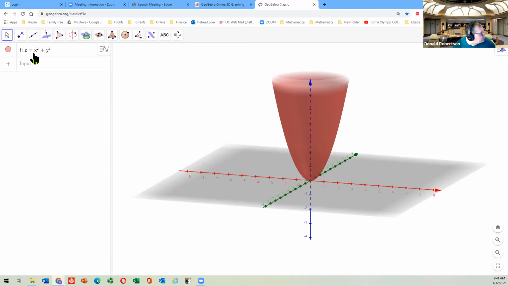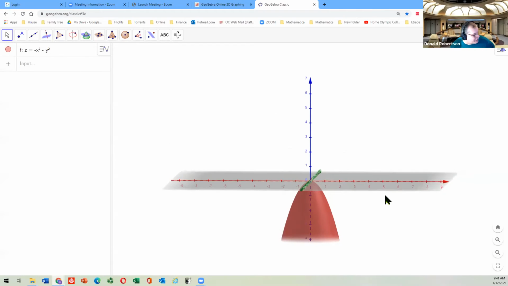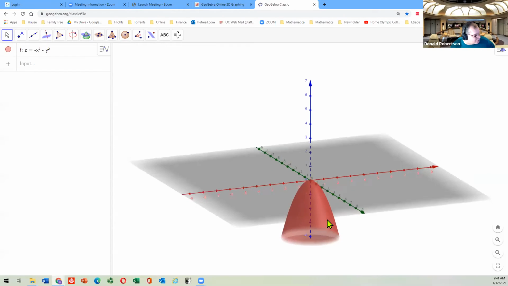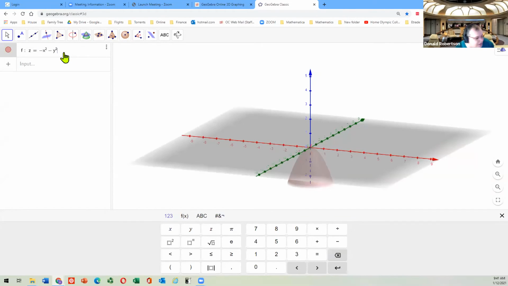Right, how am I going to make this go the other way? If I stick a negative in front of it, there, well, there we go. A bit crude, but can you see that's what a local maximum looks like? Right. Now, make a saddle point happen. I'm going to try that same function again and maybe get a better looking answer.